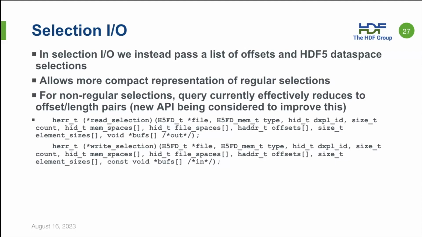And then of course buffers. And so this allows for regular selections like we showed before, where it's just columns. This allows it to pass it in a much more compact form than enumerating every single row. But for non-regular selections, it might not be as big of a win.